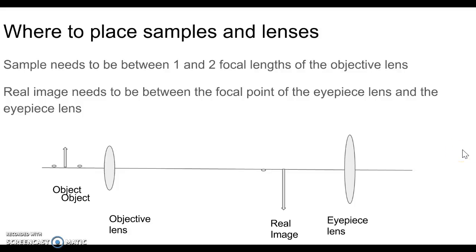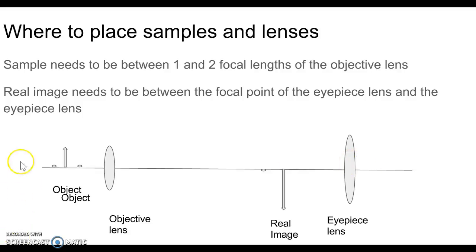Drawing a diagram of your microscope could, at the simplest level, look like this here. I didn't label the focal point of the eyepiece lens and the focal point of the objective lens. That's missing. Then farther down, you'll have the virtual image of the eyepiece lens.